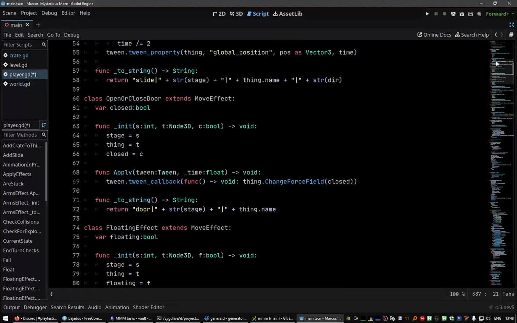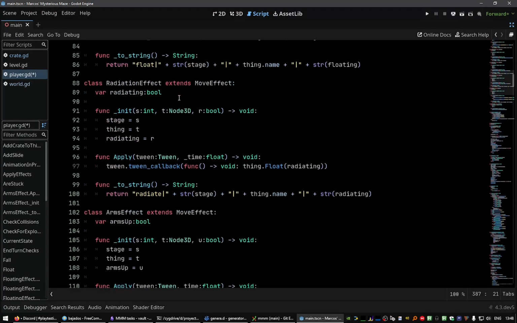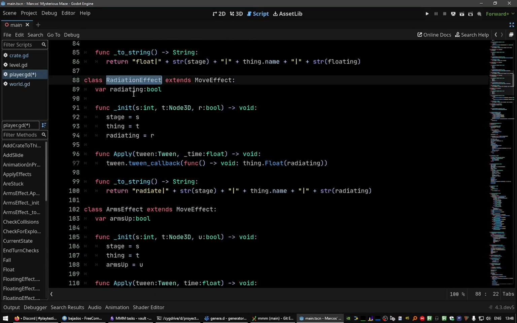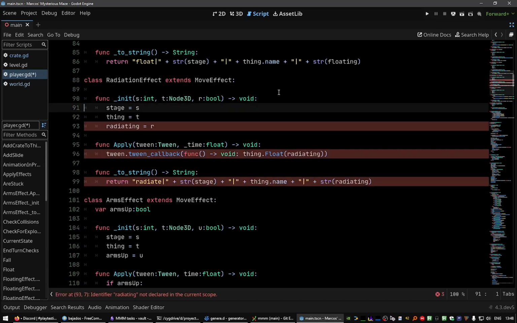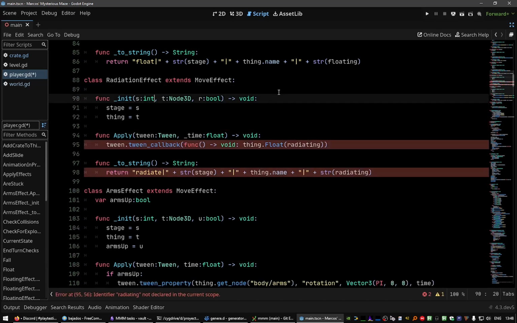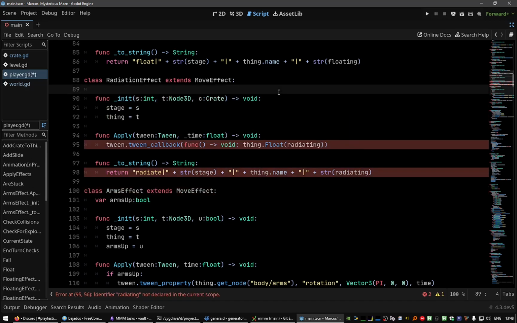So this boolean is not necessary, I think. But we need the crate.